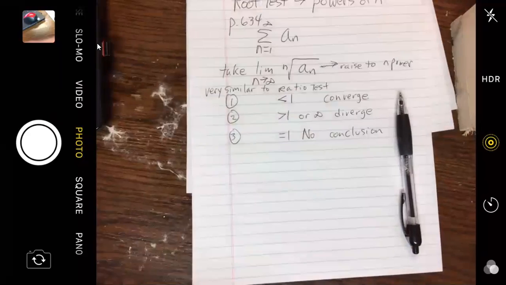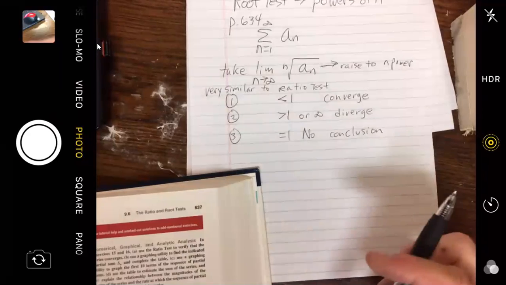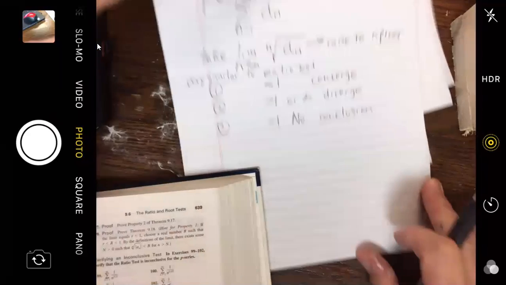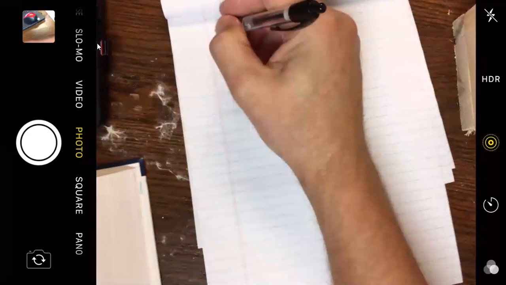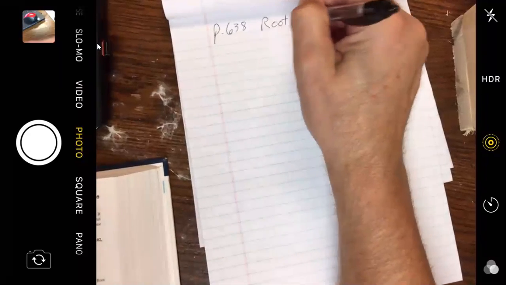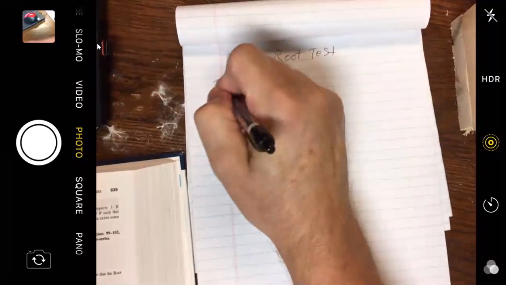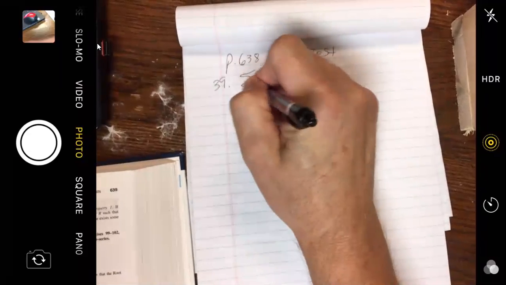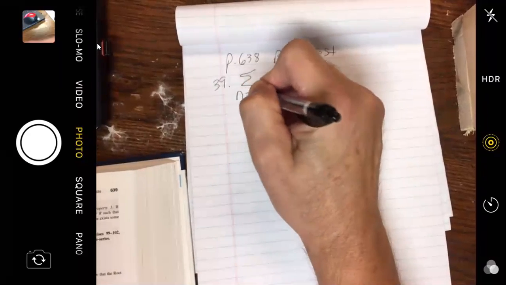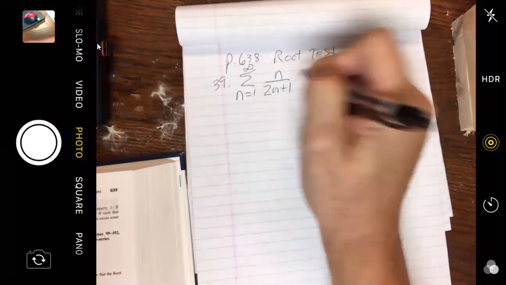All right, so maybe I'll give you the first one. Page 638, root test. Problem 39. Summation n equals 1 to infinity of n over 2n plus 1.